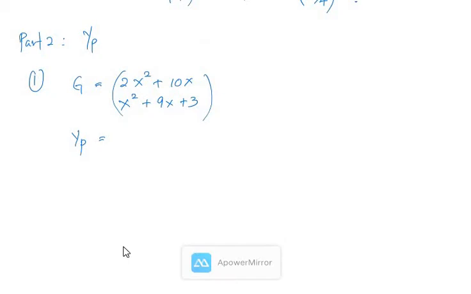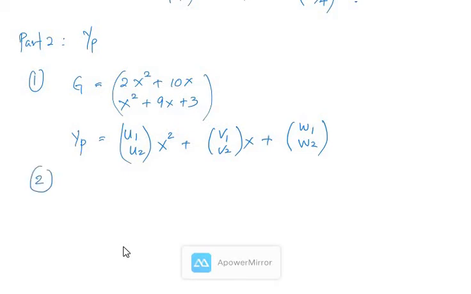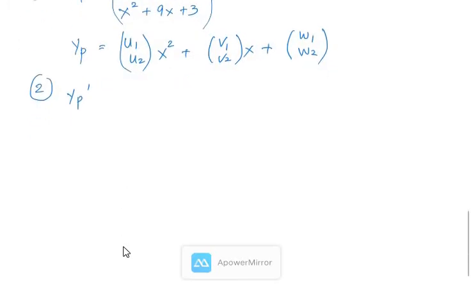So you assume YP equal to U1, U2, x squared plus V1, V2, x plus W1, W2. Okay, then you obtain the YP prime. So YP prime from the YP is 2U1, 2U2, x plus V1, V2.